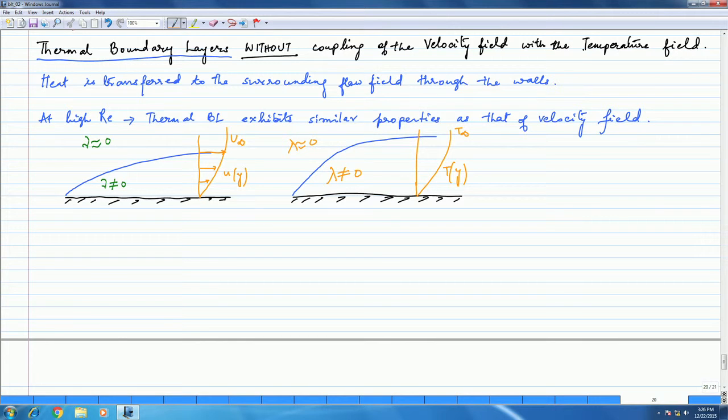The way to look at that is, you have flow coming in this way, moving this way, and this flow also has a temperature profile. This is the wall temperature, and this is something else at infinity.